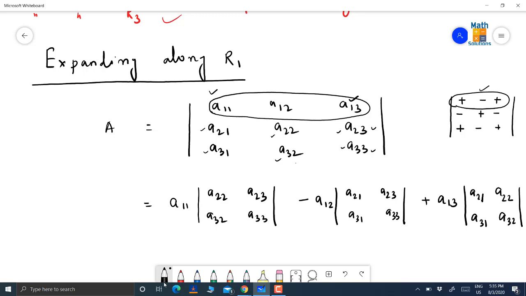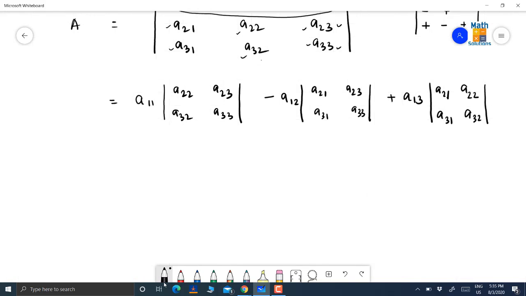After this, coming to the next part, here we have already understood how to expand order 2 determinants. Just a few minutes back I explained. So it will be A11 into, these two elements getting multiplied first, A22 A33 minus A23 A32, minus A12.